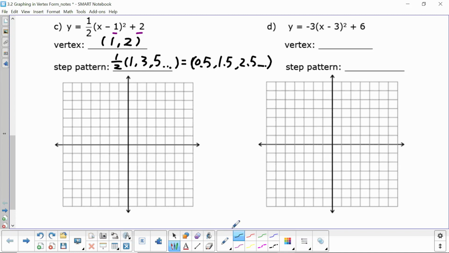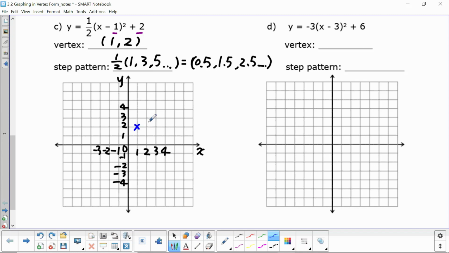Then we are going to find the vertex. Label it first. The vertex is (1, 2): x is 1, y is 2. The step pattern is 0.5, which means run is 1, rise is 0.5.